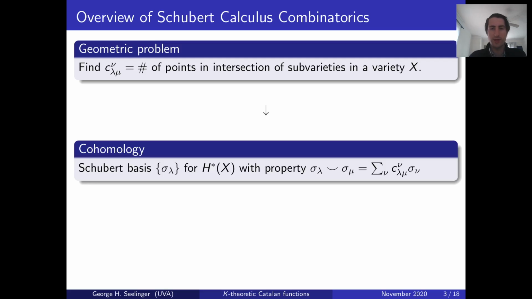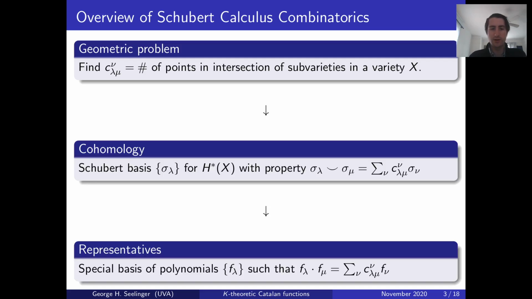Finally, and key to Schubert calculus, is that you can often find a special basis of polynomials such that their structure constants are the same as the ones in the cohomology, and thus also encode the number of points in the intersection of the subvarieties.